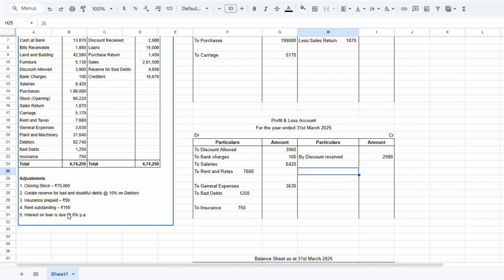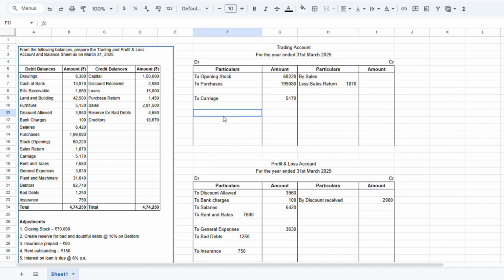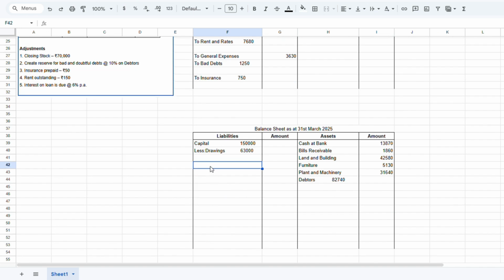Next we have loans, that is 15,000, and there is an adjustment for interest on loan. So first we have loan. Loan is a liability, so balance sheet liability side, loan 15,000.